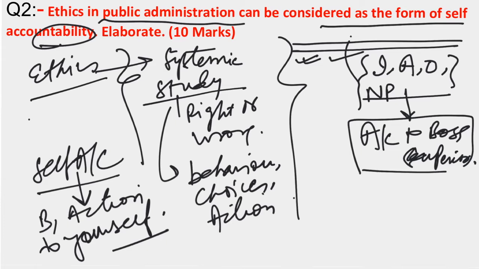But if you are accountable to your conscience, then every time you will be accountable. So it is not based on time, it is based on behavior, that you will always behave to achieve self accountability.